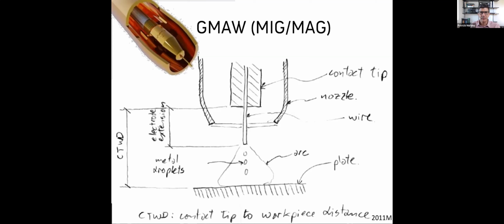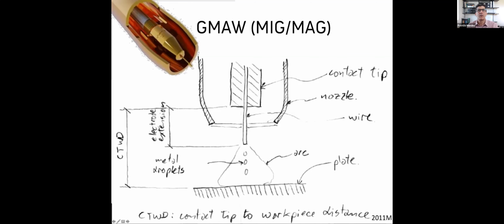So what we have is a sliding electrical contact, the same type we discussed in hot wire TIG, in which the hot wire was coming in and going through a sliding contact. And this we call the contact tip, which is this part here. So electricity comes into this contact tip that is made out of copper, gives the electricity to the wire, and then the electricity goes through this part of the wire and then jumps into the arc.